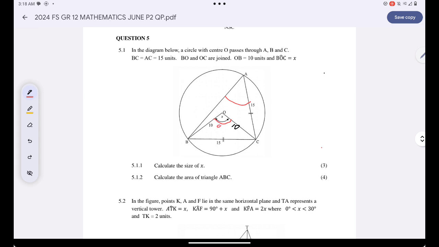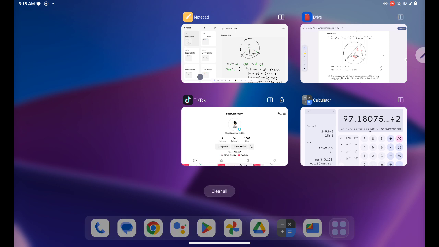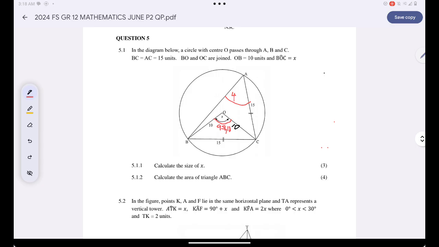If x is 97.18, it simply means this angle will be 48.59, because the angle at center is twice the angle at circumference. So if that's 48.59, this will be 48.59 as well.